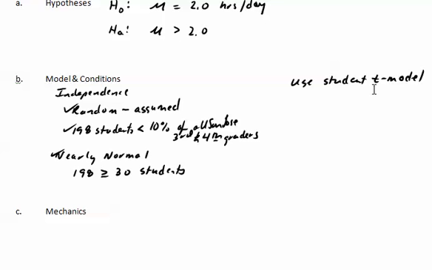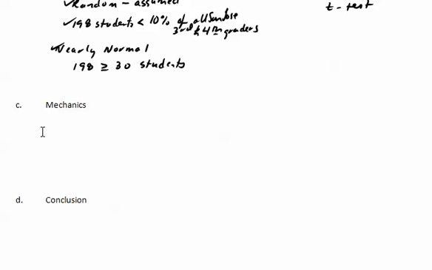We are using the T model because we have two sources of variability. We don't know the population mean and we don't know the population standard deviation. Then we will use a one sample T test.